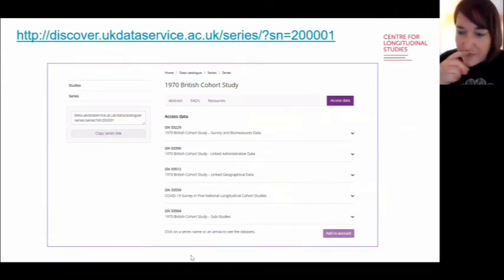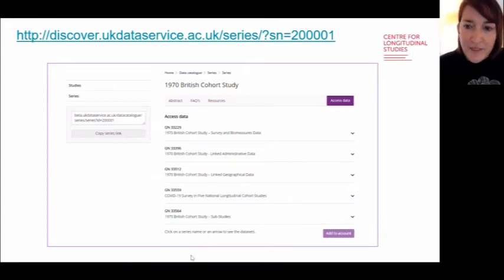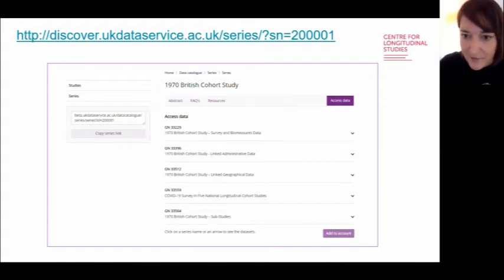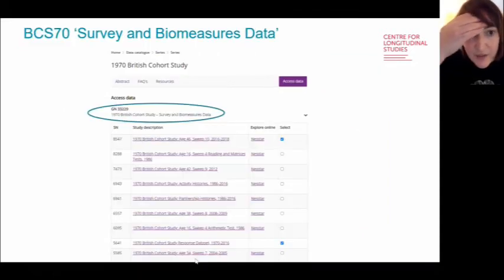This screen grab is also from the UKDS, and it just shows you how you view the BCS groupings of data. So we have grouped them by survey and biomeasures, by linked admin data, and by geographical data. So this might be an alternative way to search through the resources on the UK Data Service for the BCS. And let's say we click on that first one, the survey and biomeasures data.